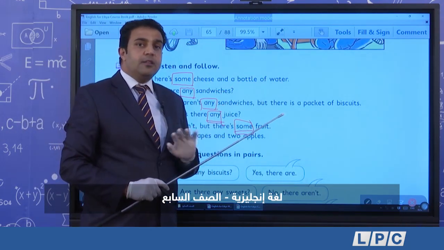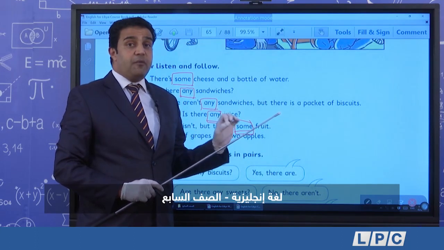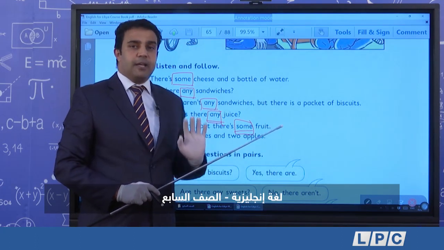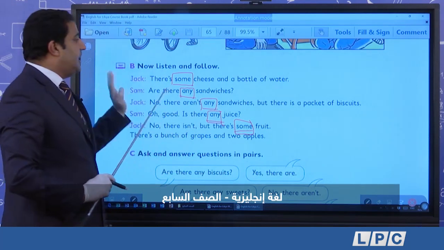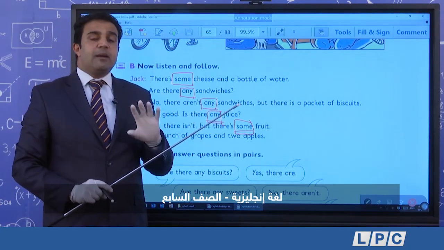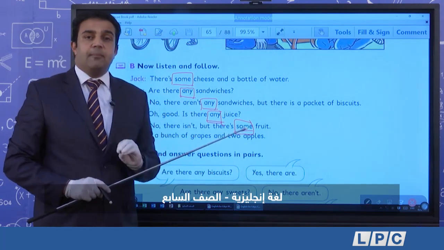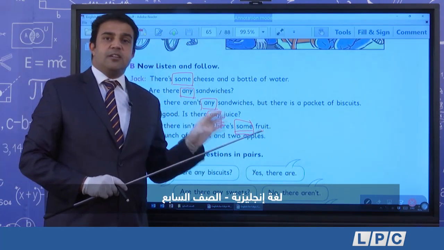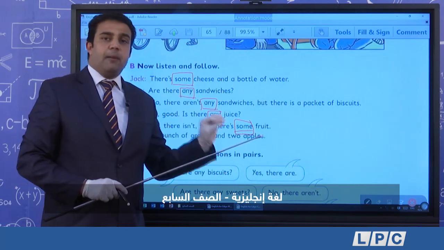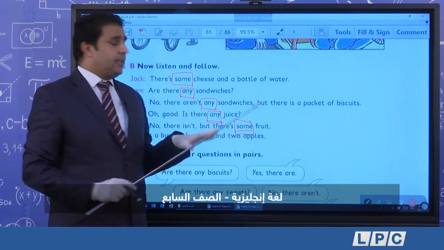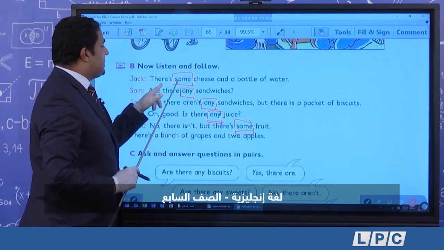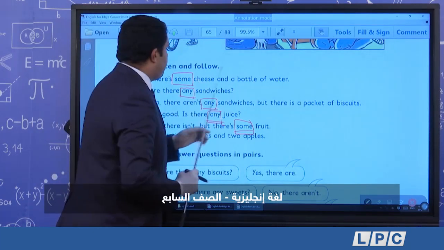No. So it is affirmative, positive, جملة مثبتة. In the positive sentence, as in the last lesson, we use some: there is some cheese, there is some salad.